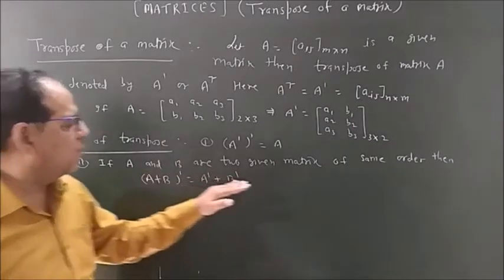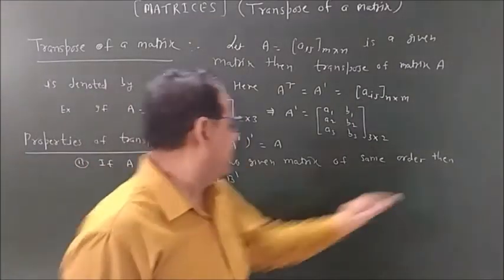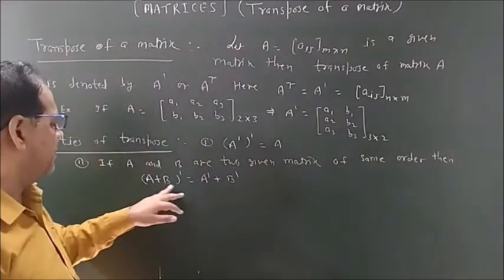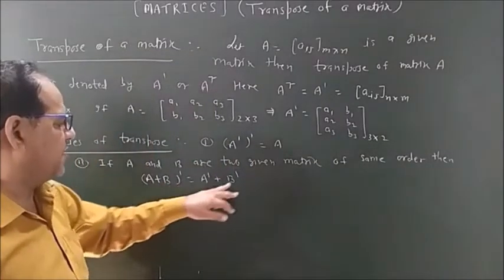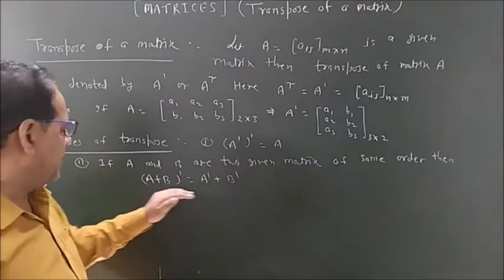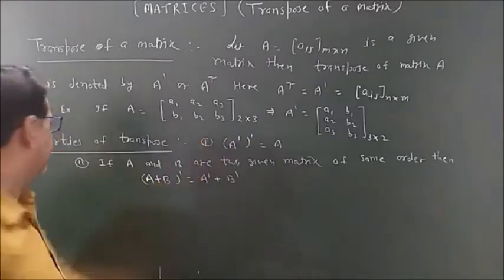If A and B are two given matrices of the same order, then the transpose of A plus B is equal to the transpose of A plus the transpose of B. This property is the same with a minus sign.